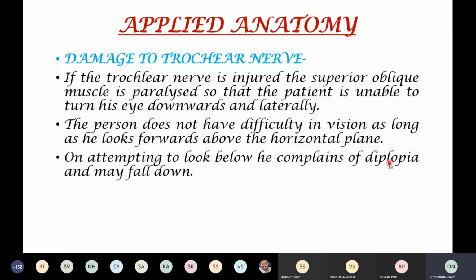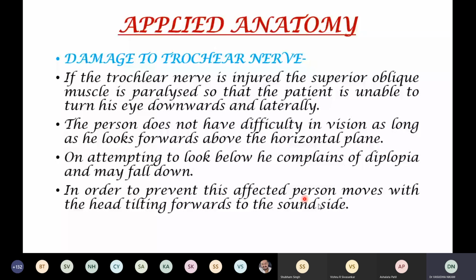So there will be diplopia when he tries to look downwards on the same side, and he may feel that he is going to fall down. In order to prevent this, the affected person tries to move with the head tilting forwards towards the sound side. Is it clear? So this was about the applied anatomy of the trochlear nerve.